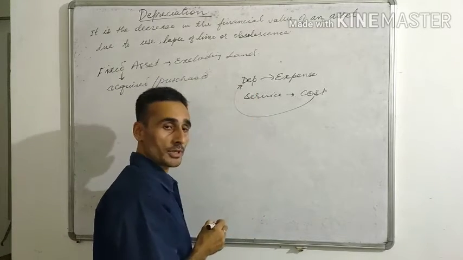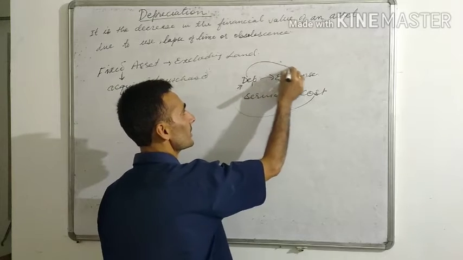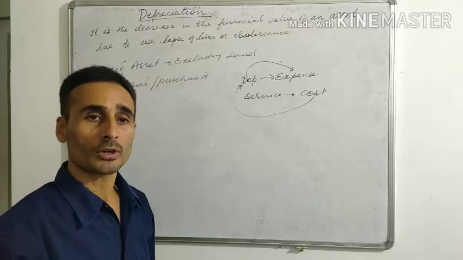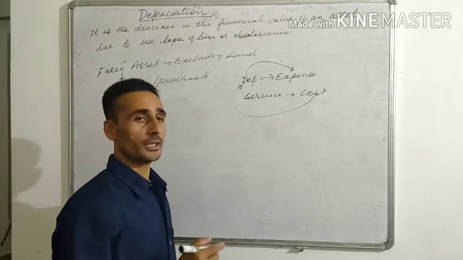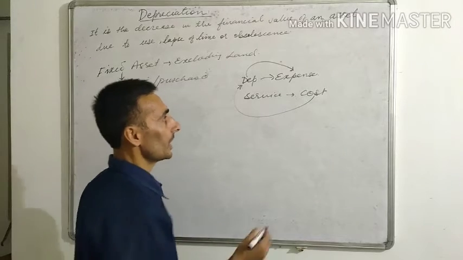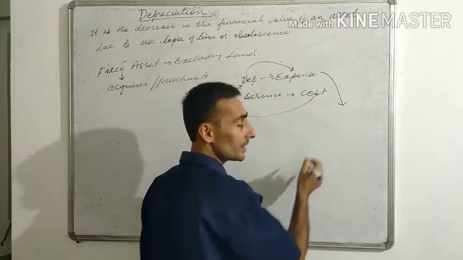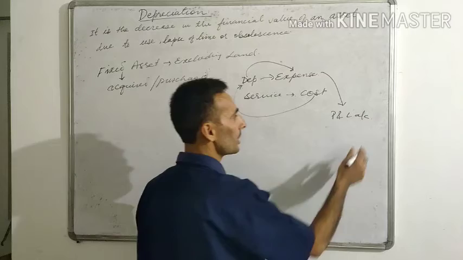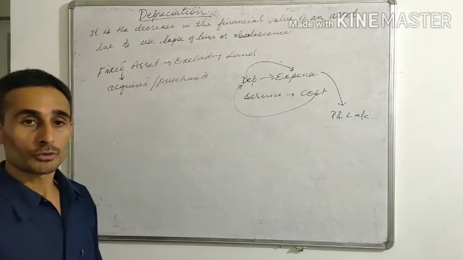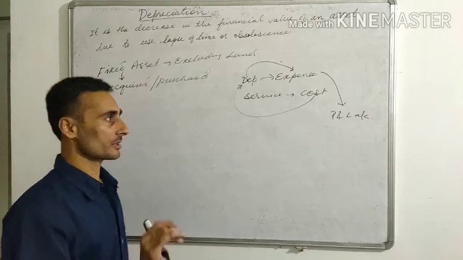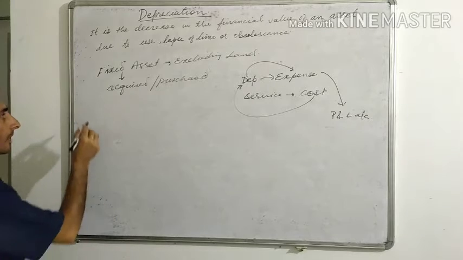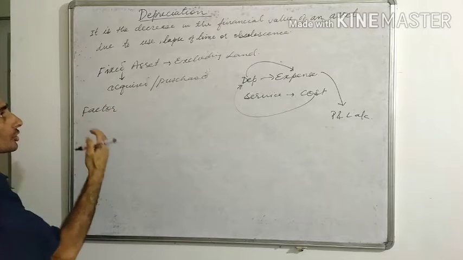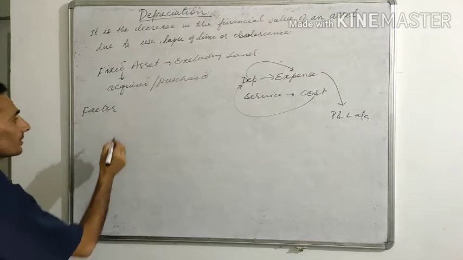It is called depreciation, and this depreciation is therefore considered as expense of the business by the accountant, and this expense is ultimately transferred to profit and loss account in order to find out true profit or loss of the business.